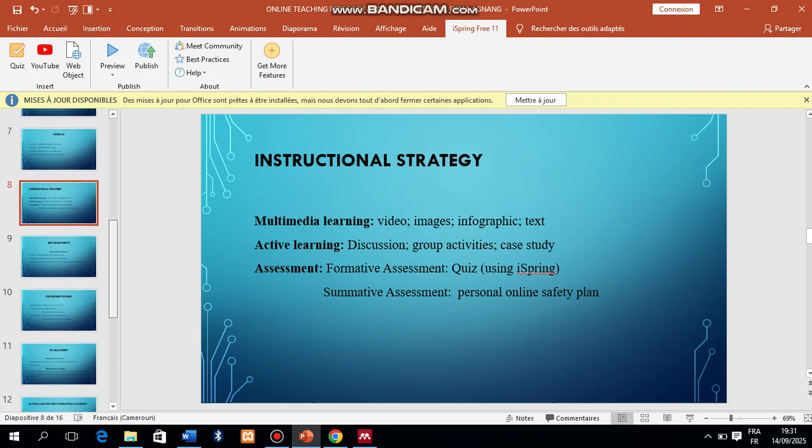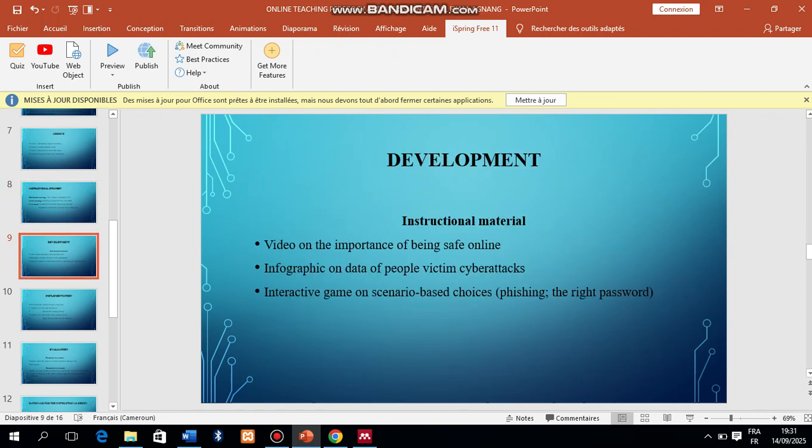So here are the instructional strategies. Here is my instructional strategy: multimedia learning, video, text, audio, photo, infographic, active learning, discussion, group activities, case study assessment. We have formative and summative assessment.